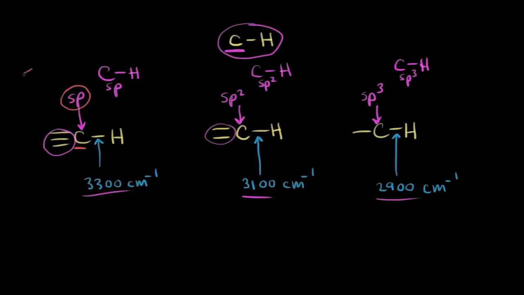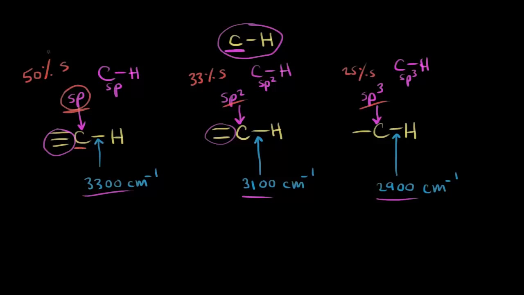It's actually 50% s character, if you remember that from the videos on hybridization. So 50% s character for an sp hybridized orbital. For an sp2 hybridized orbital, it's about 33% s character. And finally, for an sp3 hybridized orbital, it's about 25% s character.